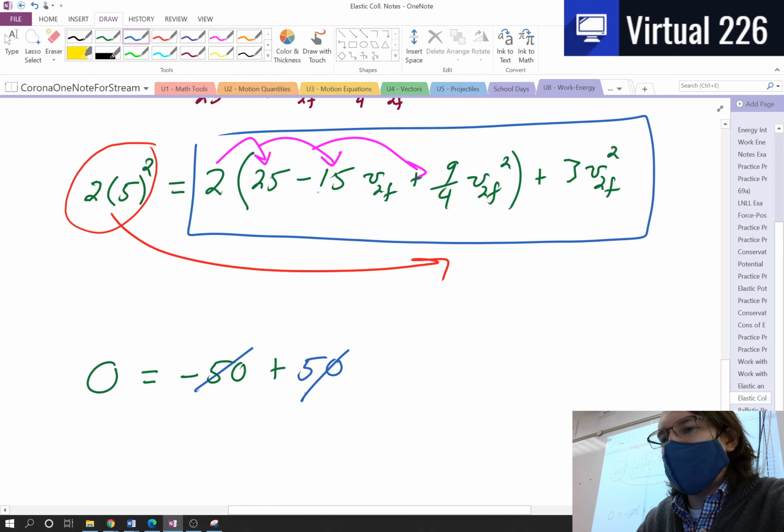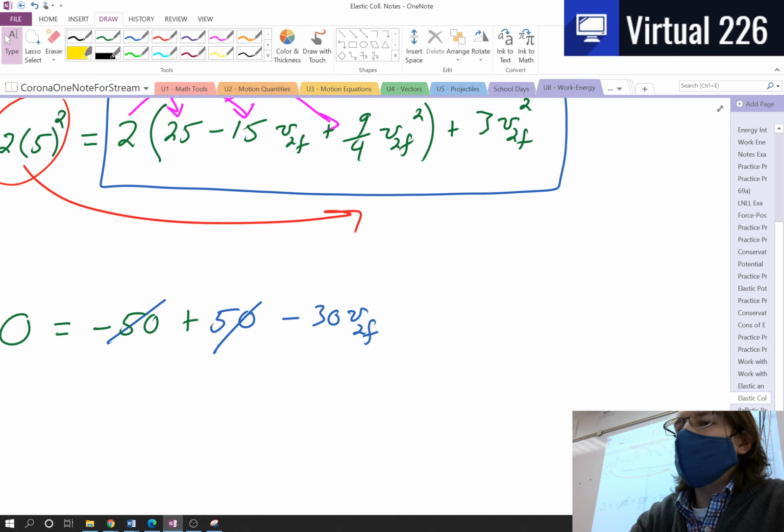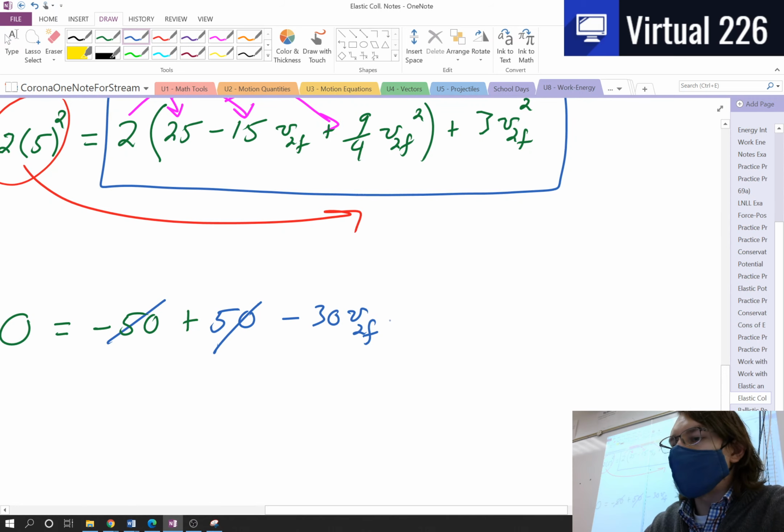2 times negative 15 is negative 30 V2F. 2 times 9/4 is going to give me 18/4. So plus 18/4 V2F squared.